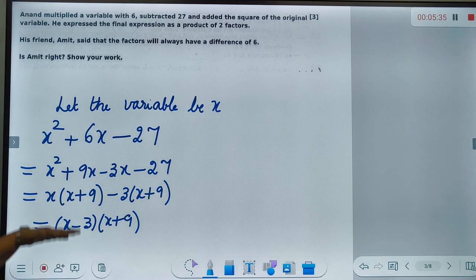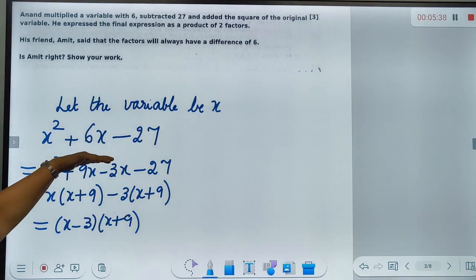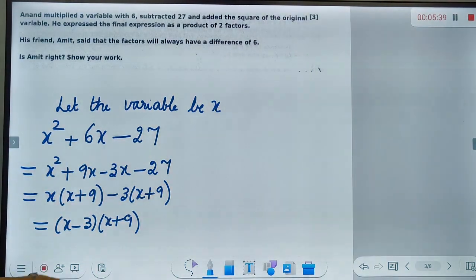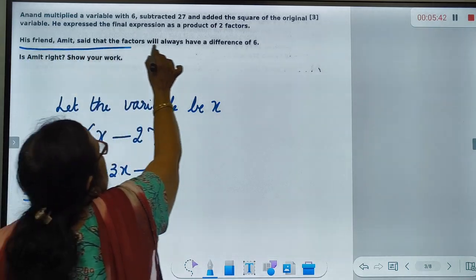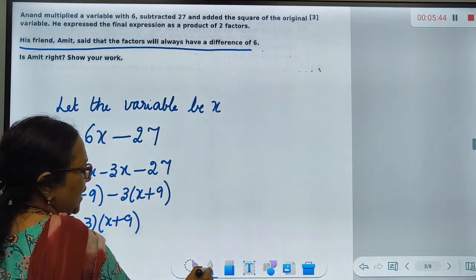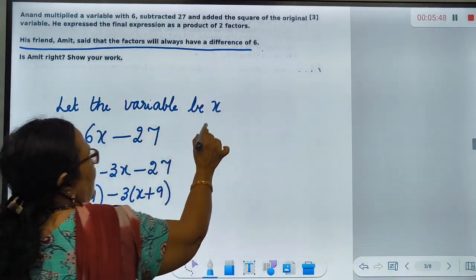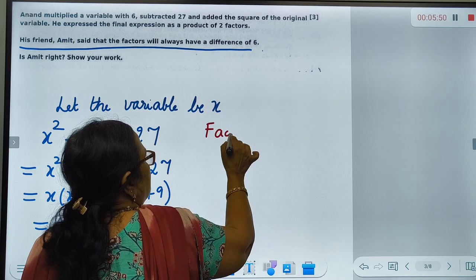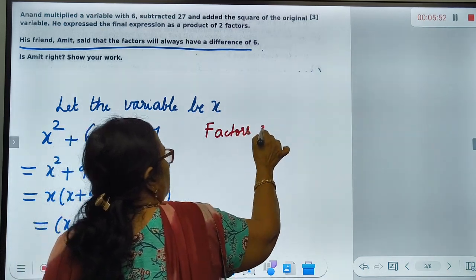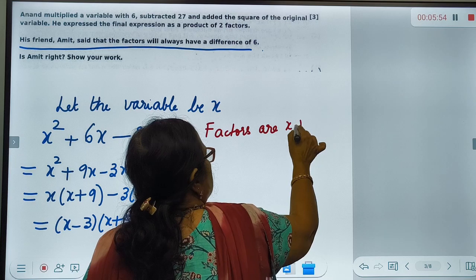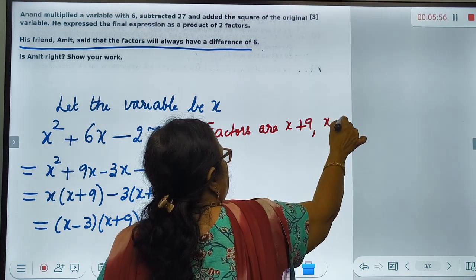So we have expressed the given expression as a product of two factors. What did Amit say? Will the factors have a difference of 6? So the factors are x plus 9 and x minus 3.